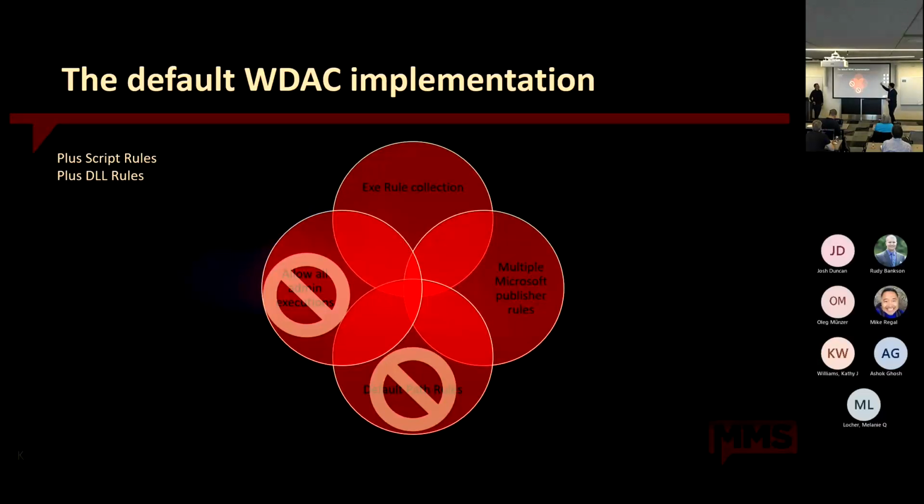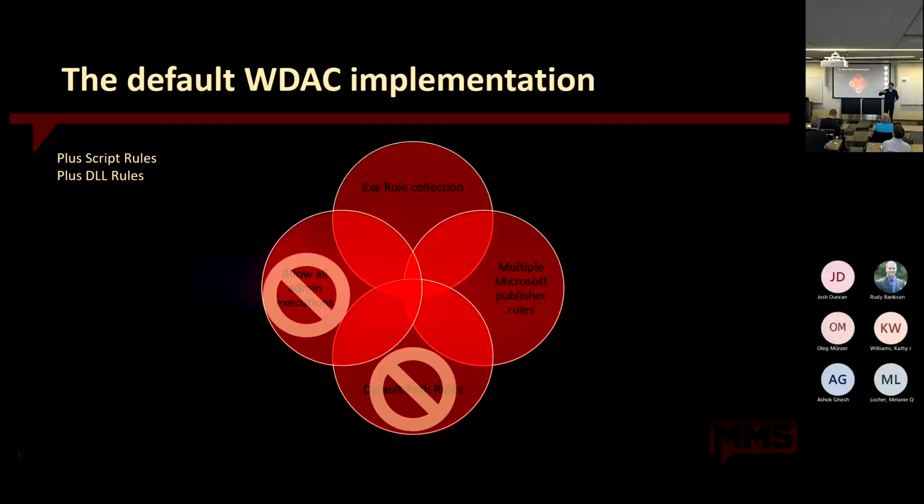Okay, but we do have a score here, and we have our nice construction on how effective a default WDAC implementation is. And then you see the little bar goes up, everything in green is blocked, everything in red is not. So as you can see, a huge amount of threat campaigns are effectively blocked by this type of WDAC implementation.